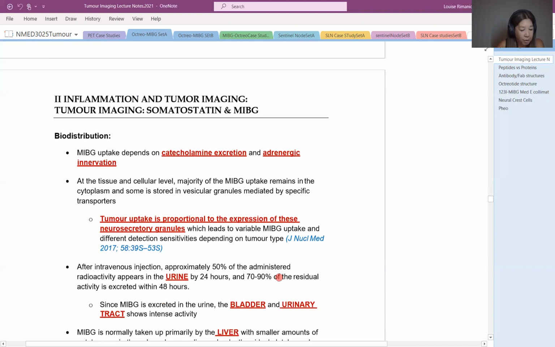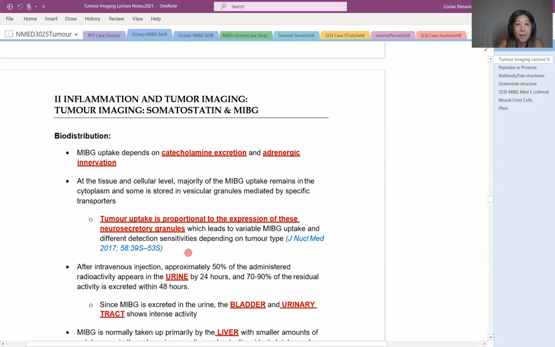I should just mention that once MIBG gets taken up in those neuroendocrine cells, the majority stays within the cells, bound in those neurosecretory vesicles. MIBG is not decomposed by enzymes, and it's not bound to any of the postsynaptic receptors.